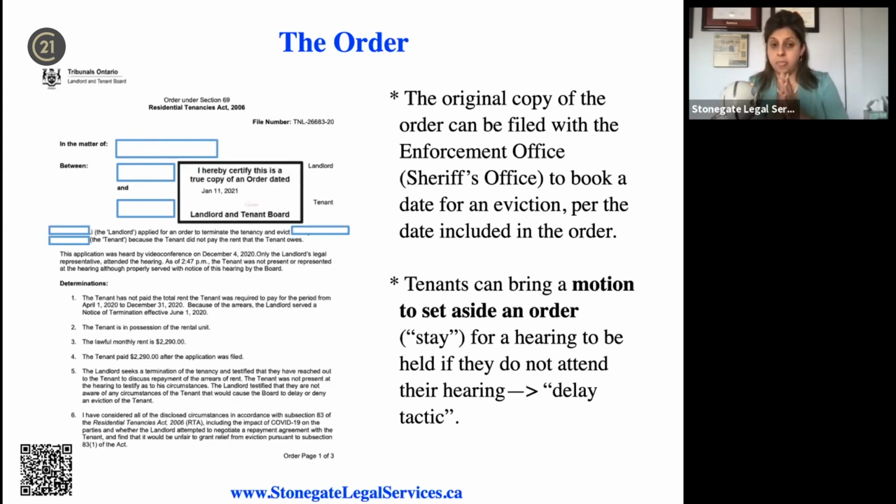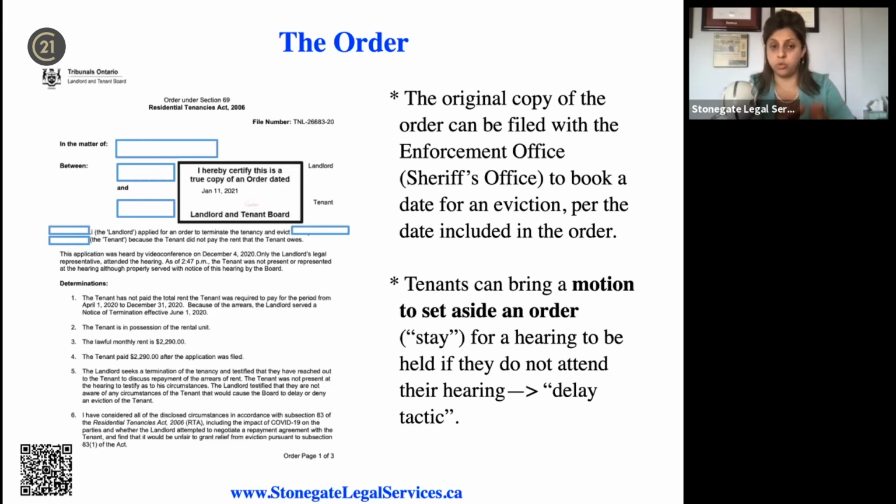Again, the tenants have an opportunity to be heard. For example, if you have a tenant who didn't receive the notice of hearing, or didn't show up at a hearing for whatever reason, tenants can bring a motion, and a motion is basically a request to the board or to the courts to do something. Tenants can bring a motion to set aside an order.